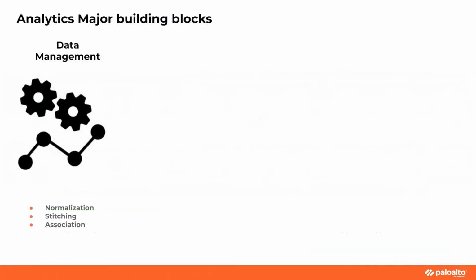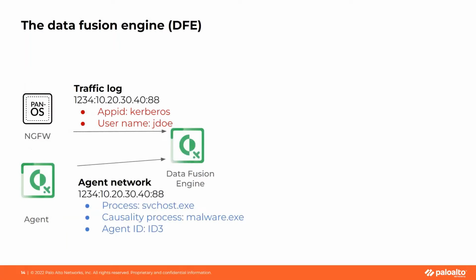So going into analytics major building blocks. First up, the data fusion engine that is in charge of normalization, stitching, and association. Here we can see the same event arriving both from an agent and a firewall.